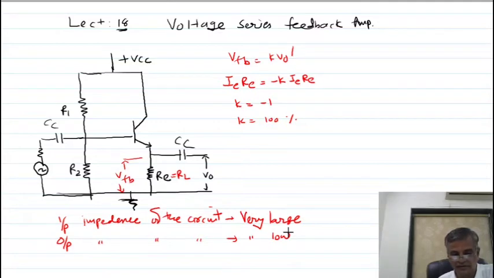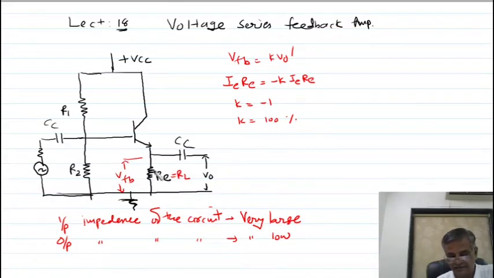Now look here again, last time I am telling you. In a voltage series feedback amplifier, the feedback is proportional to the output voltage and it is combined in a series manner with the input signal. The common collector amplifier circuit is an example of the voltage series feedback.